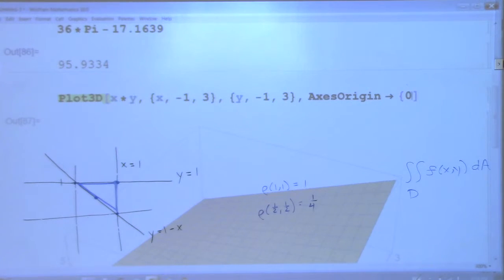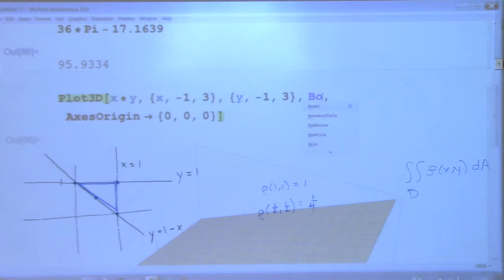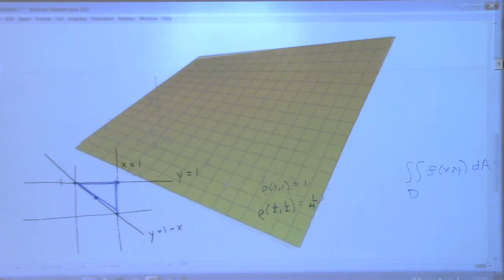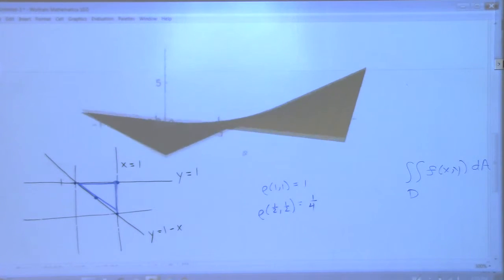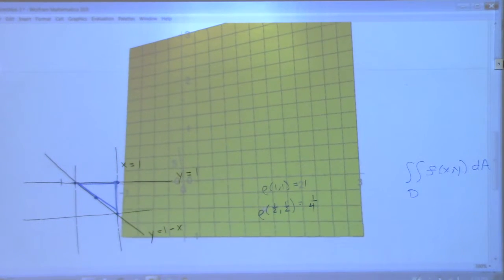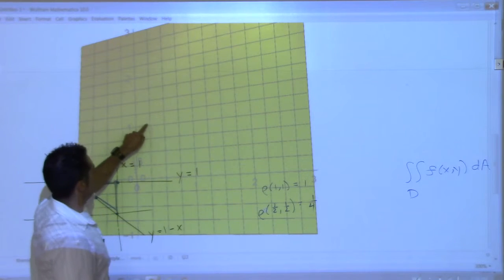So my little triangle is right in this area.